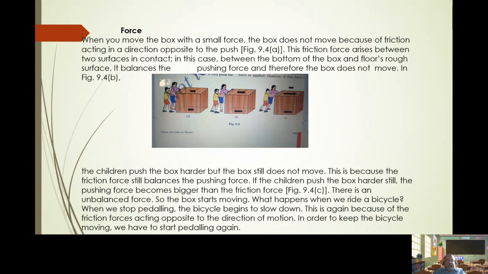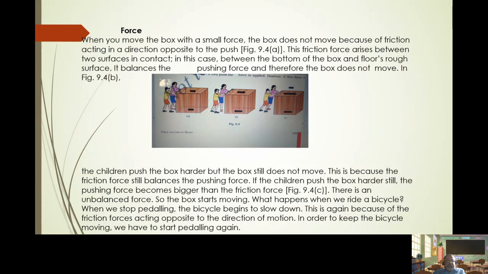In the figure shown below, 9.4, also refer to your textbook picture, this friction force arises between two surfaces in contact. In this case, between the bottom of the box and the floor, which are rough surfaces. It balances the pushing force and therefore the box does not move.